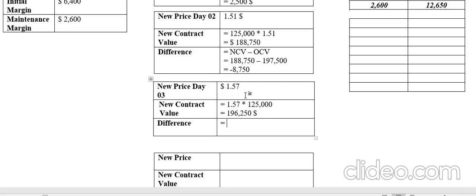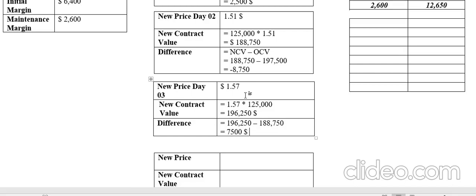The difference is the new contract value, 1,96,250, minus the old contract value. So for day 3, day 2 will be the old value, which was 1,88,750. So the difference is $7,500 this time.